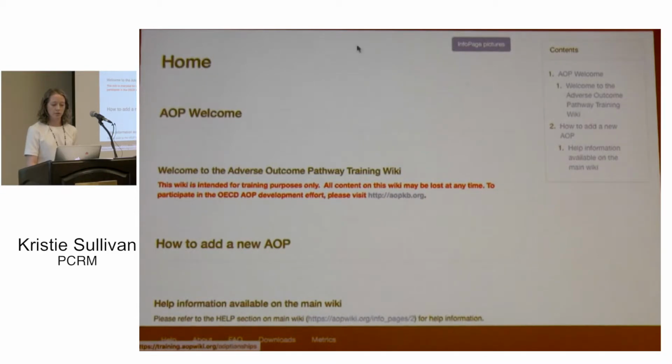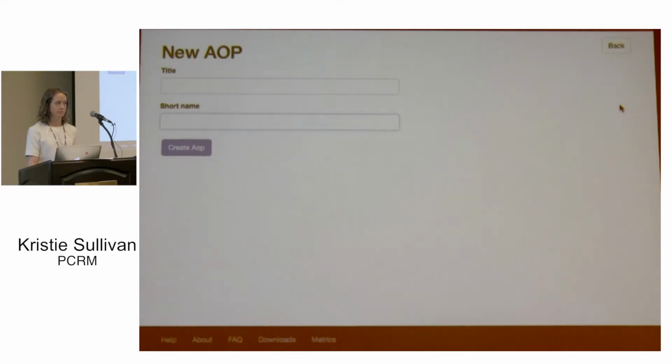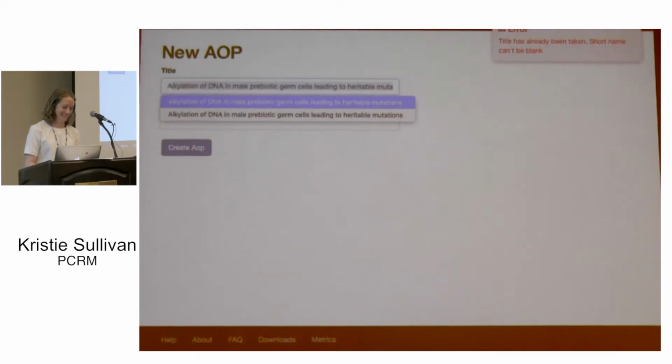If we go to AOP and you want to create a new AOP, you're just going to select New AOP. For the purposes of our demonstration, we're going to write calculation. Oh, they don't like that because I've already done it.